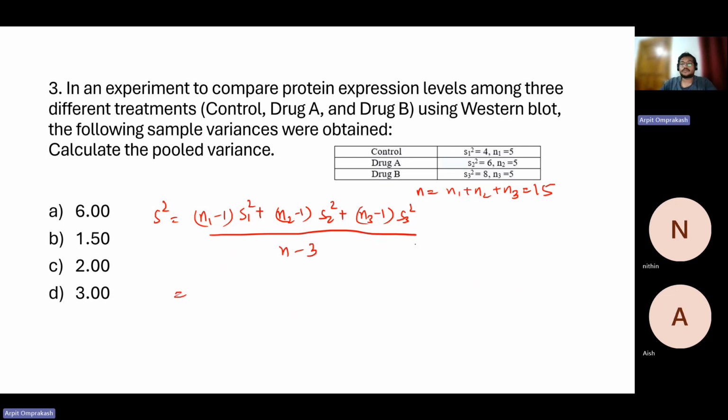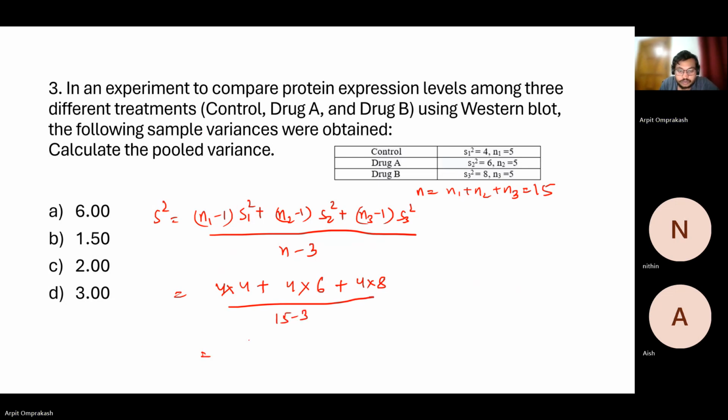So N1 is 5, 5 minus 1 is 4, into S square is 4, plus again 5. So this is 4 into 4 plus 4 into 6 plus 4 into 8 divided by 15 minus 3.